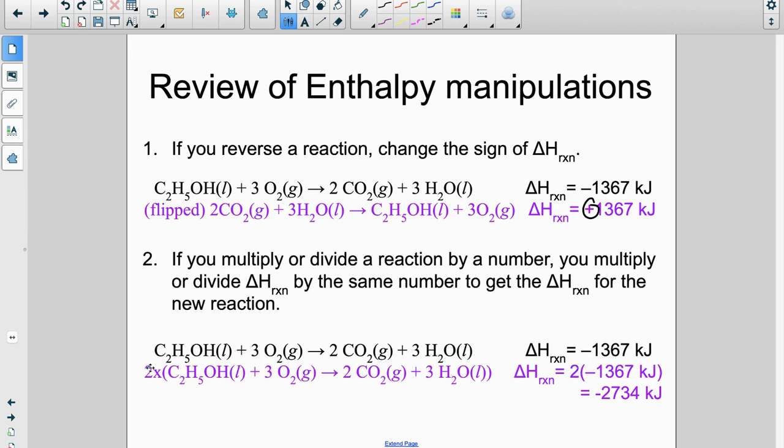So here, if I multiply this top reaction by 2, that means that I need to take my delta H and multiply that also by 2 to get negative 2,734 kilojoules for twice this reaction. So basically, whatever I do to this reaction, I do to the delta H. And if I reverse the reaction, I change the sign.